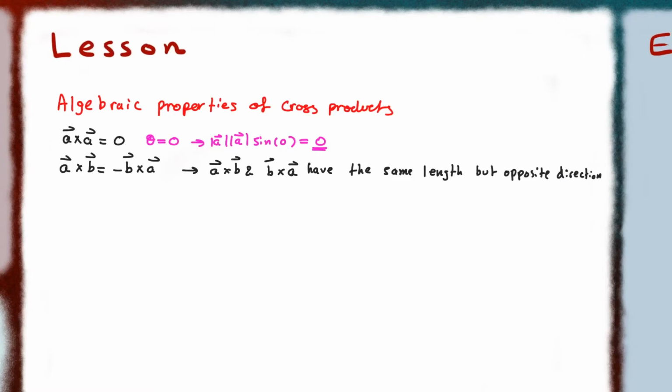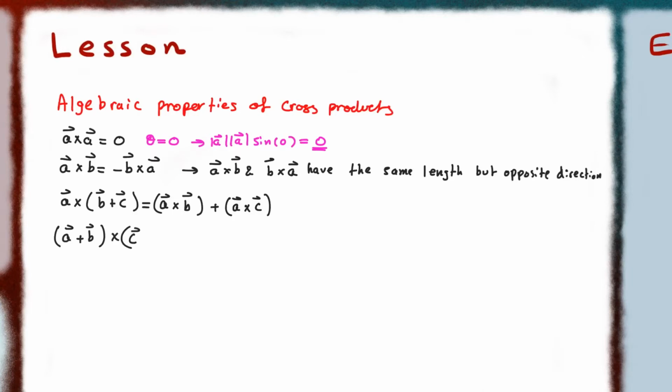The third property says that if you take the cross product of A by B plus C, that's the same as the cross product of A and B plus the cross product of A and C. And our last one says that if you take the cross product of A plus B by C plus D, then this results in cross products of A and C plus A and D plus B and C plus B and D, which is very similar to binomial expansion.